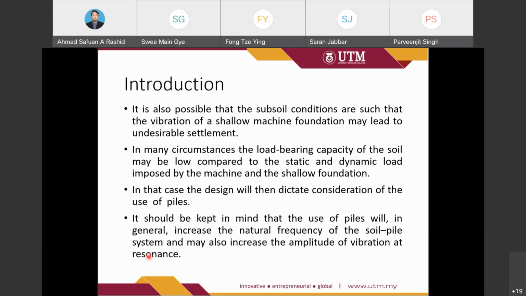I will also include some explanation on the natural frequency and some examples of resonance in another document. I will include it in the e-learning as well. Because if I amend this PowerPoint slide, it will take me a longer time to upload in the e-learning.